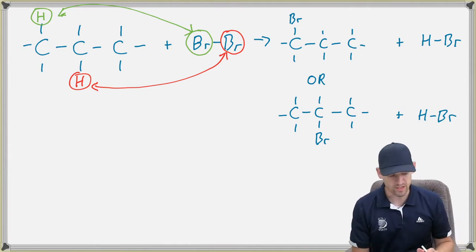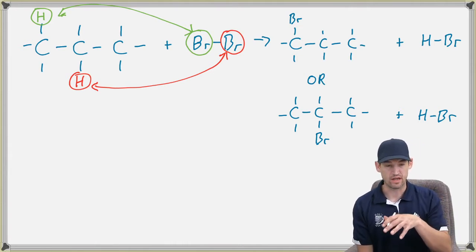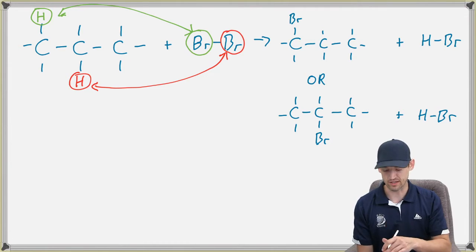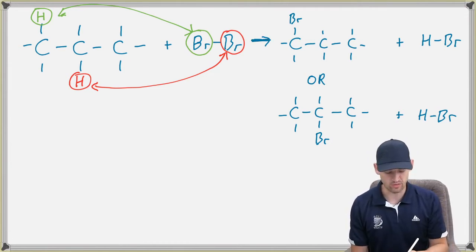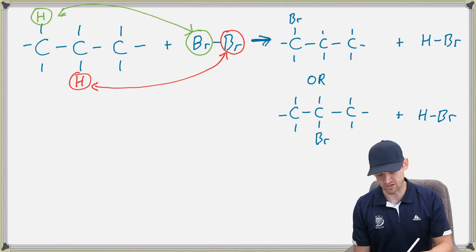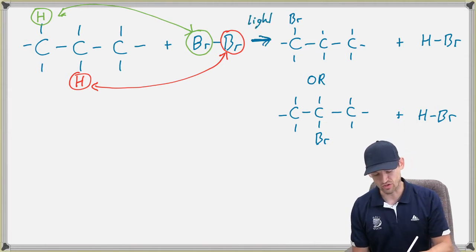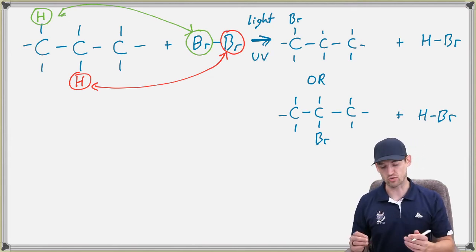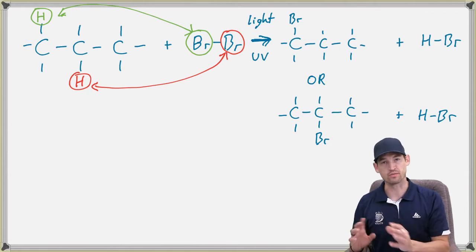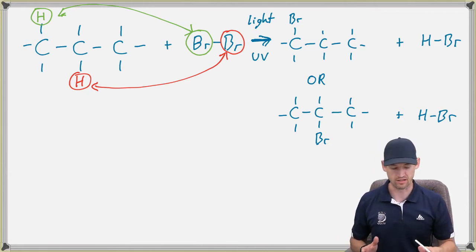Okay. Now with the alkanes like this, typically the condition is it needs light, or sometimes it's just written as UV. It needs that energy in order to make that switch of a halogen with a hydrogen.